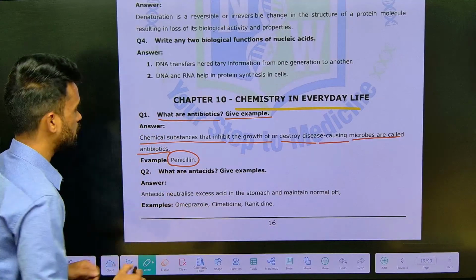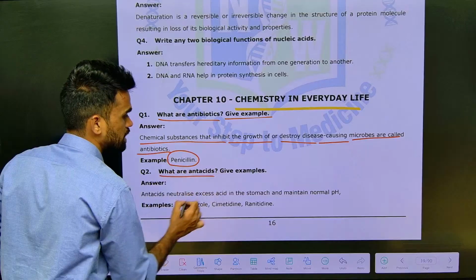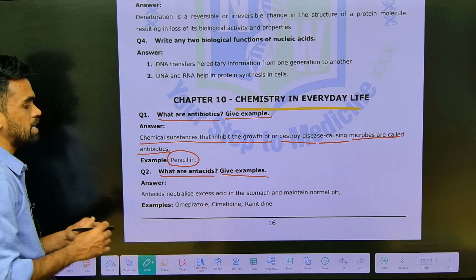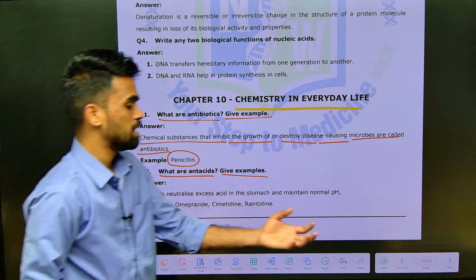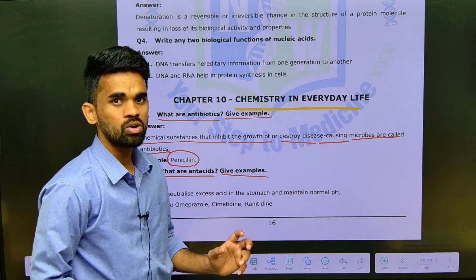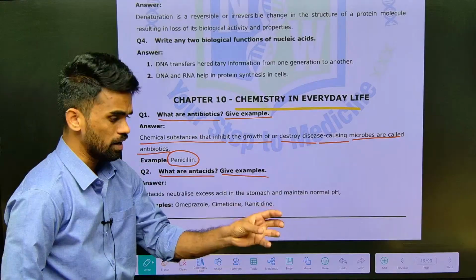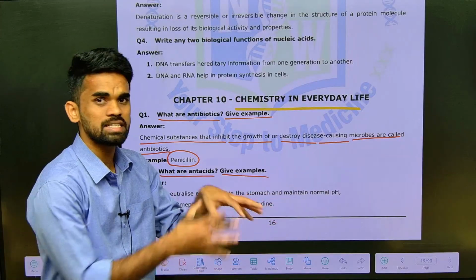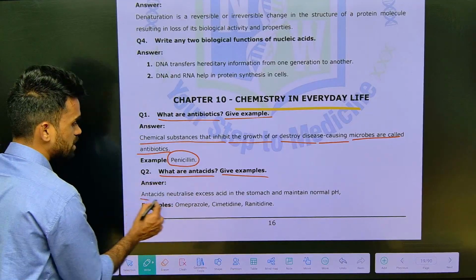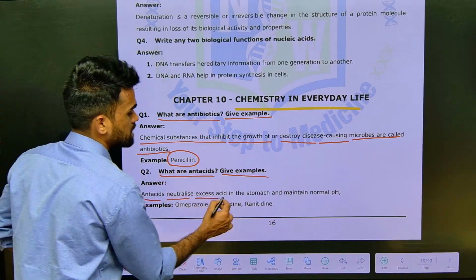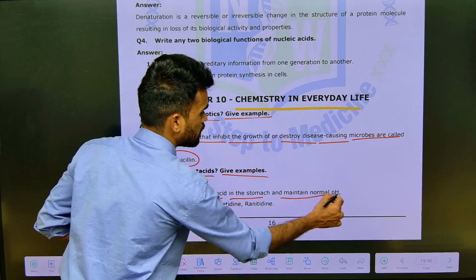The next one here, what are antacids? Give example. Antacid, the name itself says, is for when a person is suffering with acidity. That person needs to neutralize the acidic nature in the stomach. Antacids neutralize excess acid in the stomach and maintain normal pH.